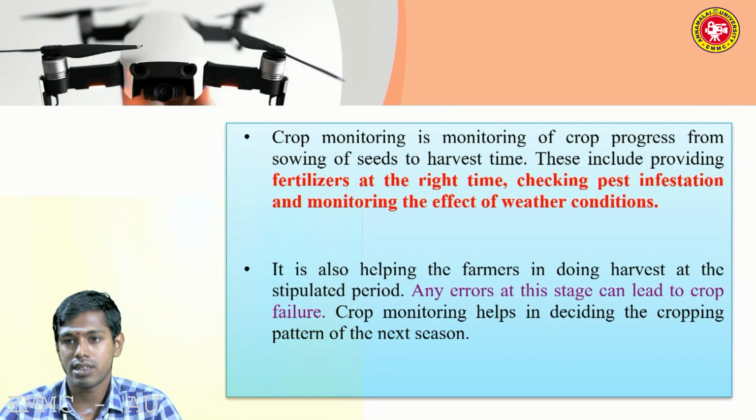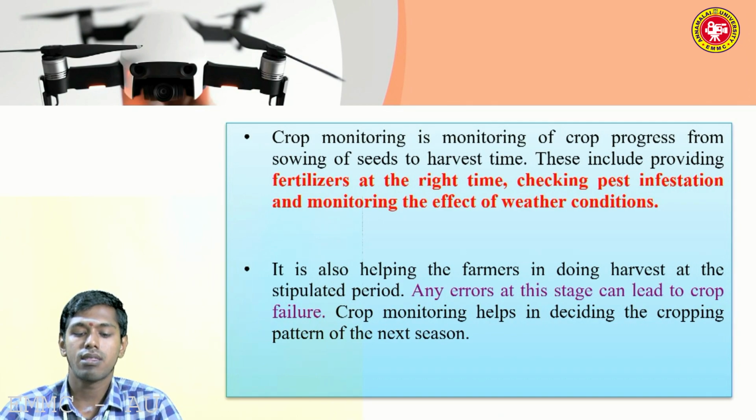And checking pest infestations. Pest infestation is a major threat to Indian agriculture, so drones are helpful in monitoring the pests and the effect of weather conditions. As I said before, weather conditions also play a major role, because the Indian monsoon is also called the gambling of monsoons. The gambling of monsoons means if the monsoon is expected to come, it may not come, and if it is not expected, it can come.